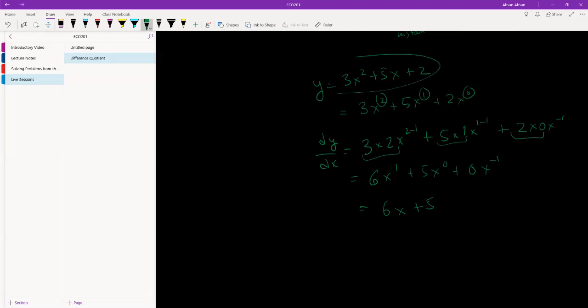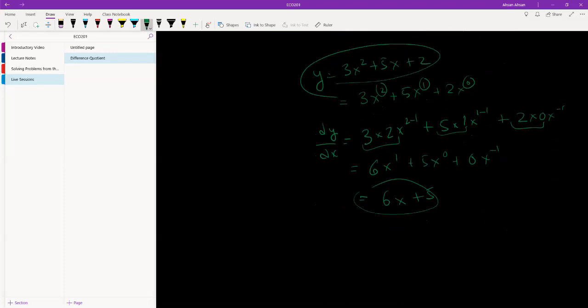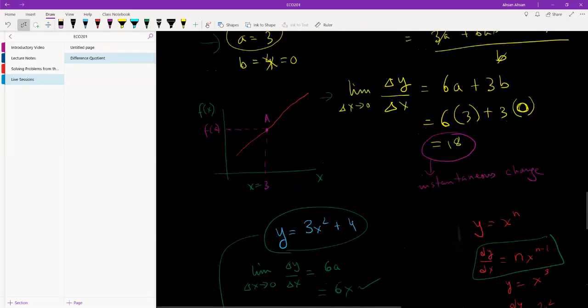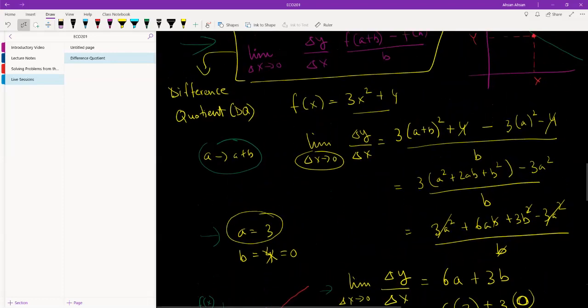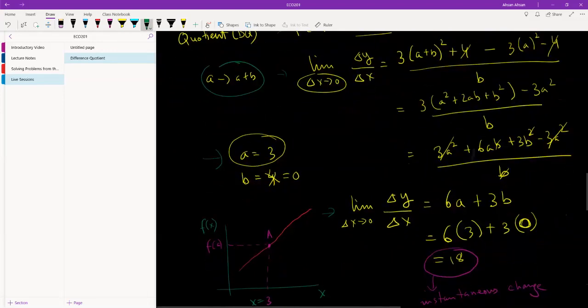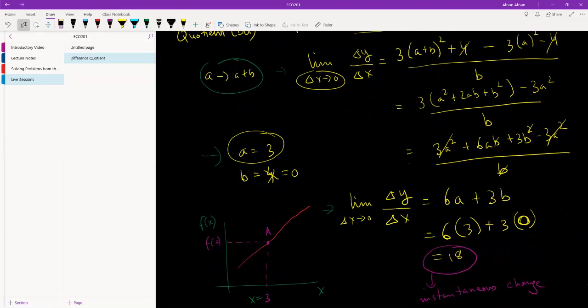That is differentiation, right? So the reason I showed you guys difference quotient is that if you apply the difference quotient, you will get the same answer. If you do what we had done here, we've taken a function, we've applied the limits, and we have ended up with this value right here.